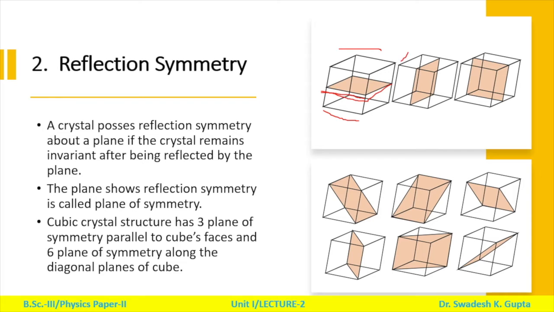Here also there is one plane which shows the plane of symmetry, similarly here. Also at the body diagonal there are 6 planes of symmetry in the cubic crystal structure. So in a cubic crystal structure there are 3 planes of symmetry parallel to the cube face and 6 planes of symmetry along the diagonal planes of the cube.